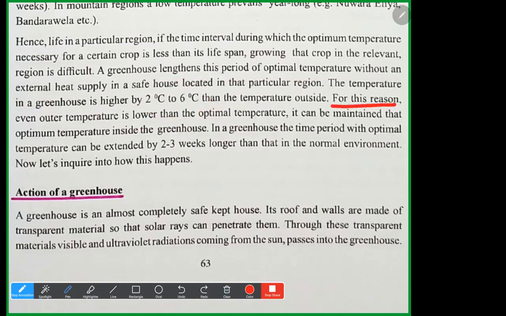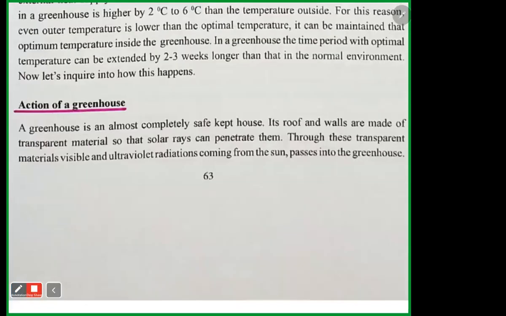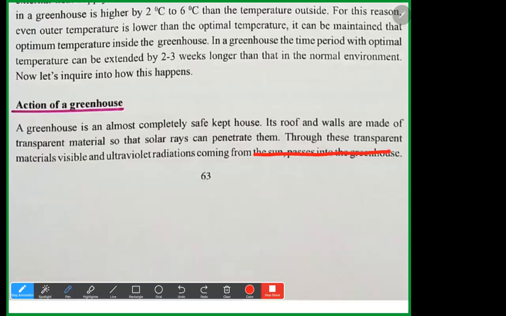For this reason, even if the outer temperature is lower than the optimal temperature, the optimum temperature can be maintained inside the greenhouse. In a greenhouse, the time period with optimal temperature can be extended by 2 to 3 weeks longer than in the normal environment. Let's see what is happening there. Action of a greenhouse.